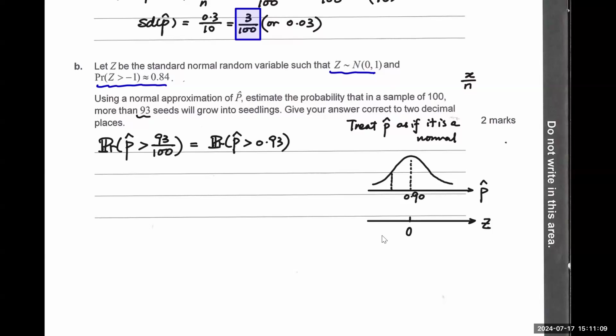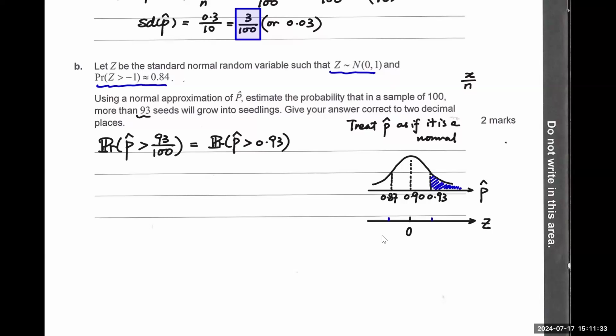So let's say 0.87 and a 0. Let's say 0.93. Okay. What I'm trying to find is, using the normal approximation, this blue area under the curve.